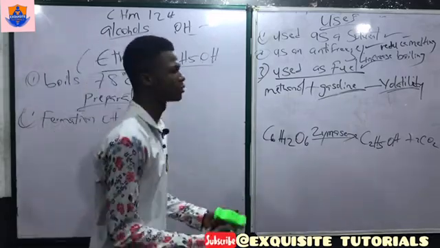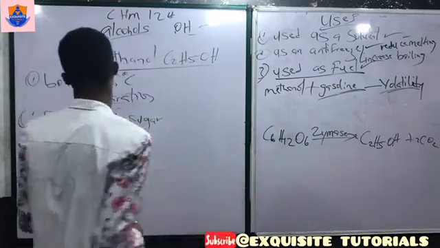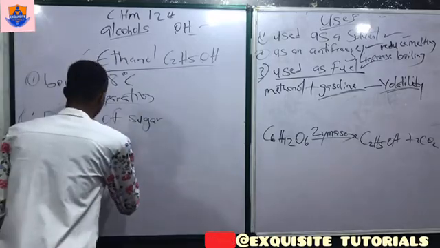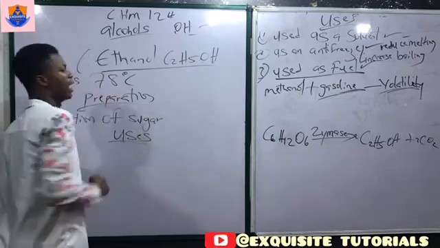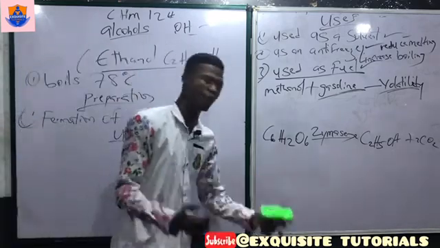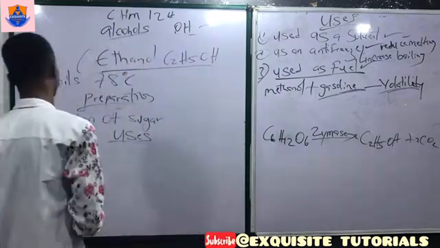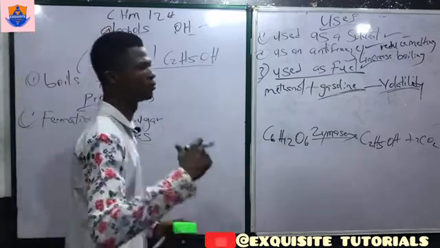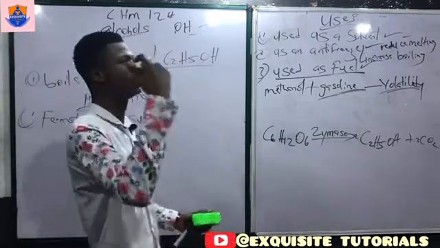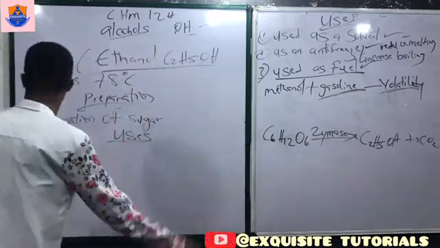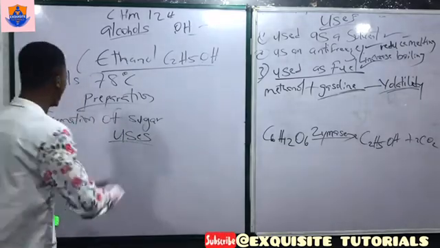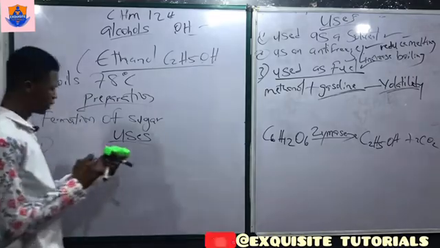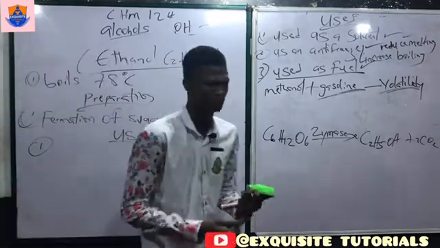Now let's talk about the uses of ethanol. Just like every other alcohol, like I told you, your ethanol is one of the most, or I can say the most useful alcohol. That is why it's regarded as alcohol, or you can call it ethyl alcohol. Now, let me explain something to you.